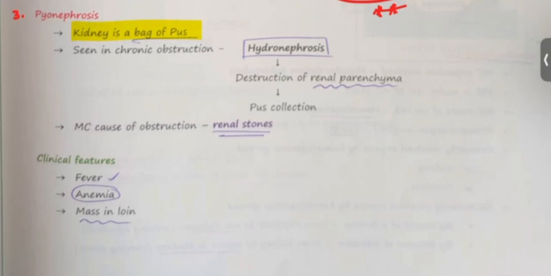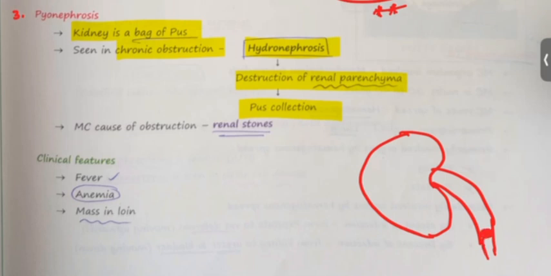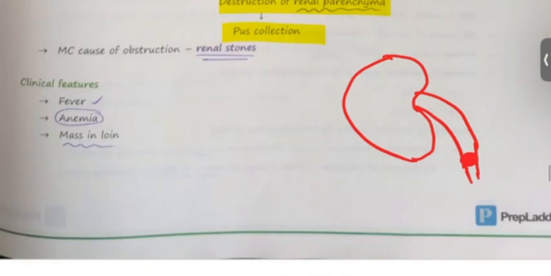Okay, this is seen in case of chronic obstruction like hydronephrosis. In that, destruction of the renal parenchyma occurs, and because of that there will be pus collection. So imagine there is an obstruction in the outlet. Okay, so because of some staghorn calculi or because of distal ureteral obstruction, somehow there is obstruction here.